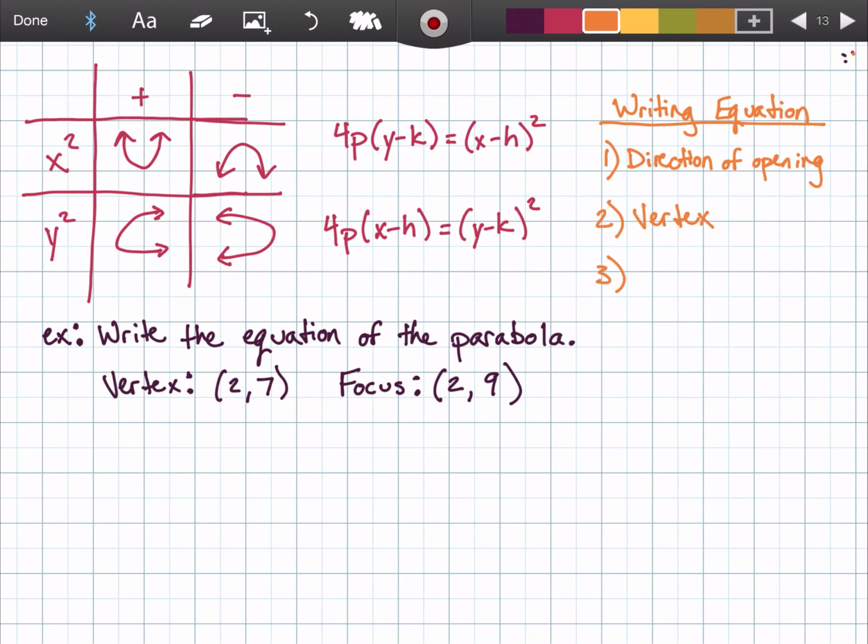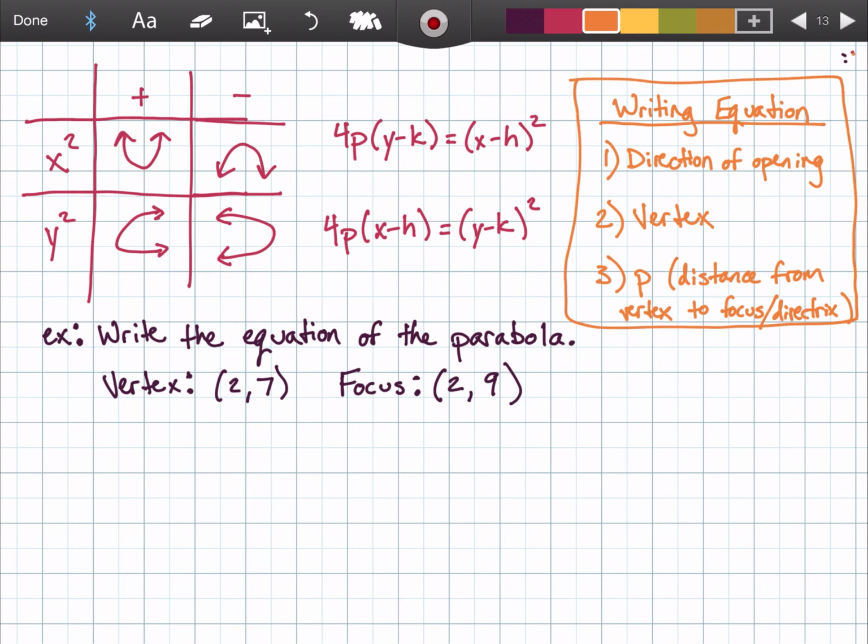And the third thing is the only thing in these equations that hasn't been accounted for yet, which is p, aka the distance from the vertex to the focus or directrix. If you can get these 3 things, then you'll be able to write the equation, and it's actually not too bad. So let's take a look at our example down here.